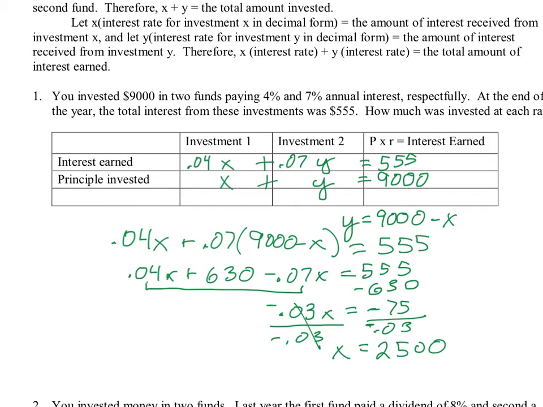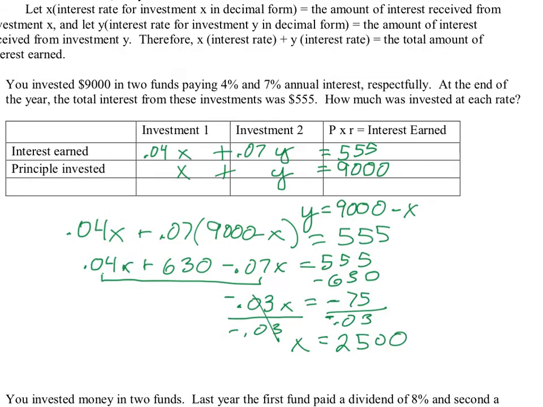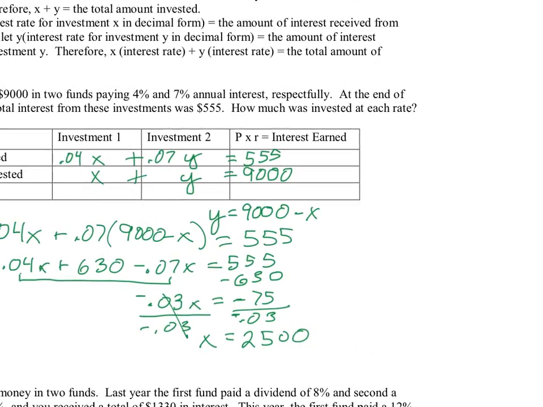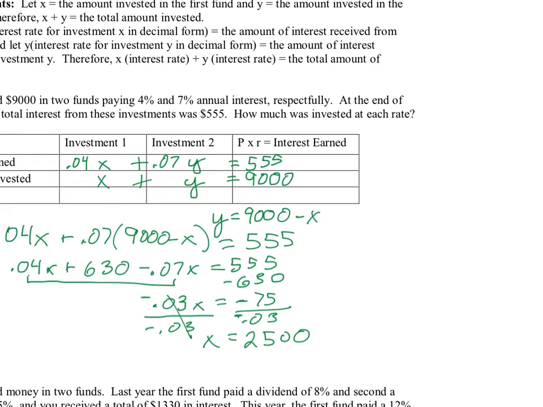Well, since X and Y is 9,000, all I have to do is subtract that from 9,000 to get what Y is. So the question is, how much was invested at each rate? Okay, $2,500 at 0.04. Well, let's just do that at 4%.